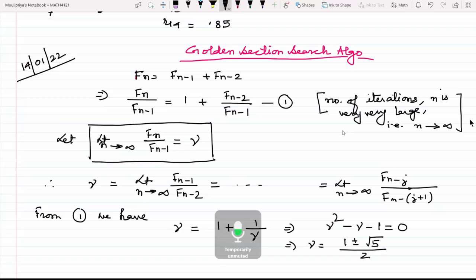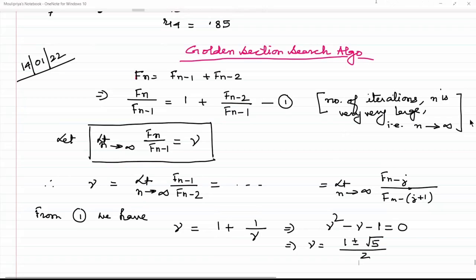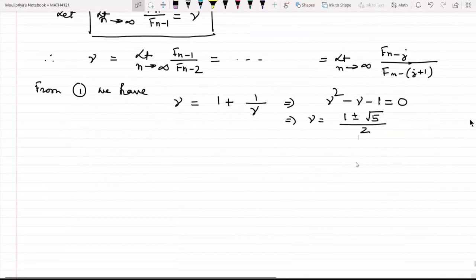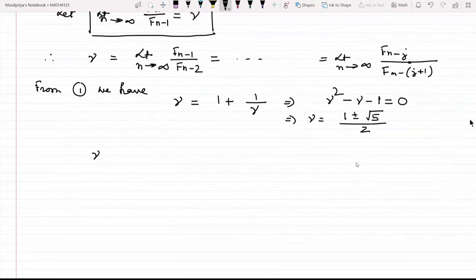So we have two roots of the given equation. Gamma would be 1.618. This is one root.